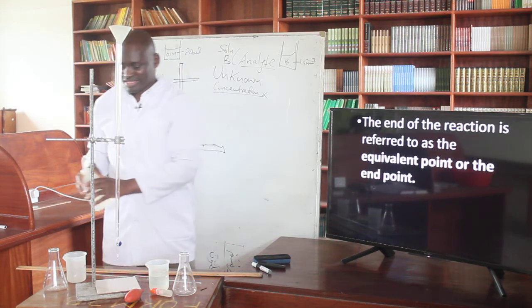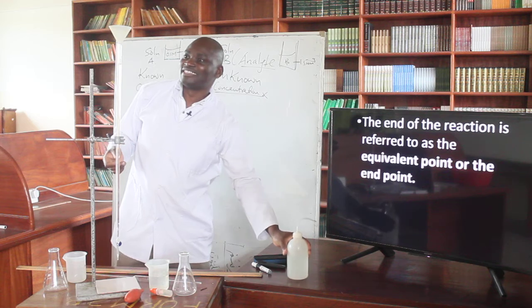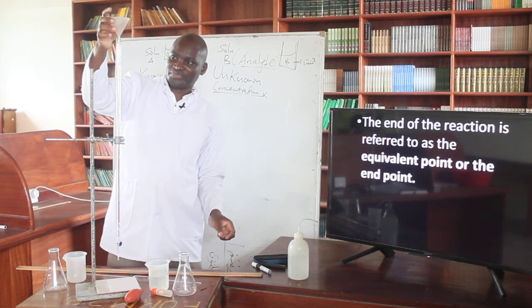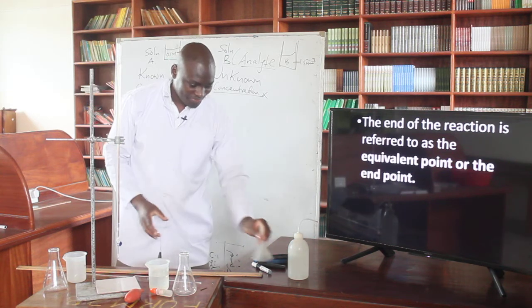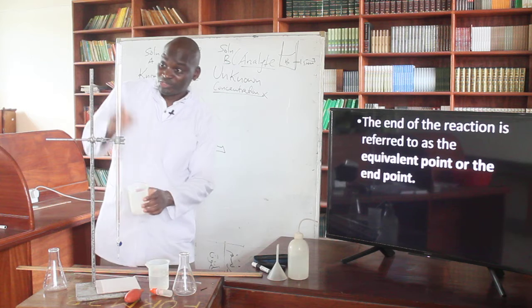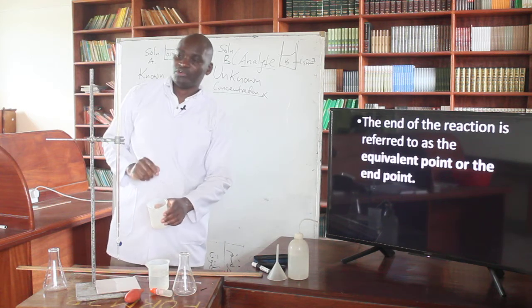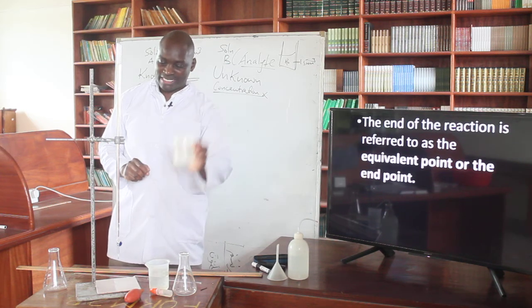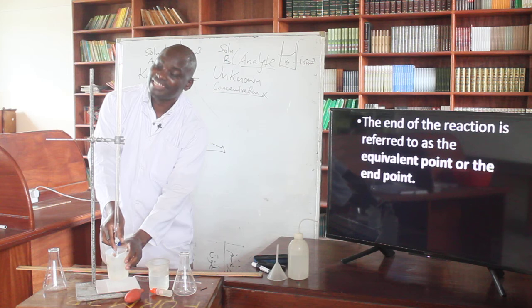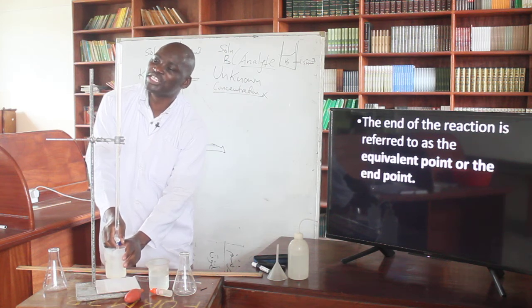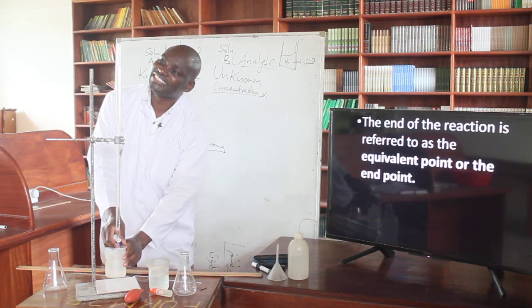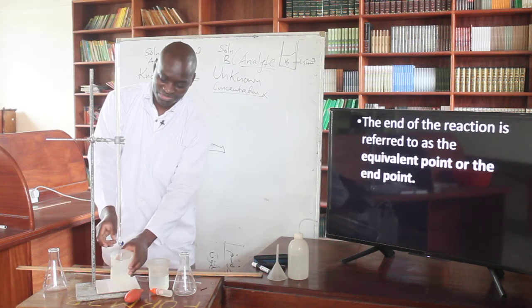And always you find that it goes past 0. So it is now past 0, but it is supposed to be 0. So how do I move it back to 0? I will take a beaker and then drain the water out from the burette down to 0. So that is 50 centimeters cubed.